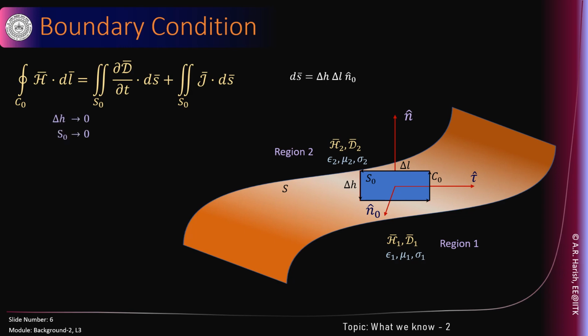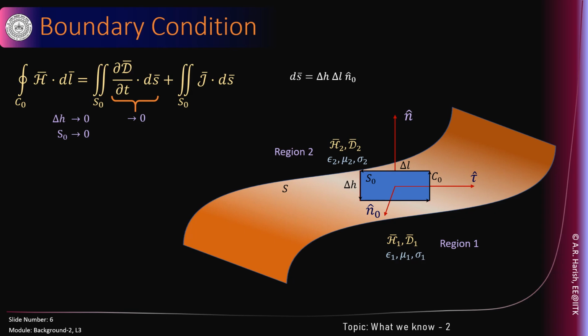As delta h goes to 0, S naught goes to 0, and if D is finite, the first surface integral on the right hand side vanishes. Therefore, that will be a 0. That will not contribute to the total integration. Now let's integrate H dot dl around the contour C naught.